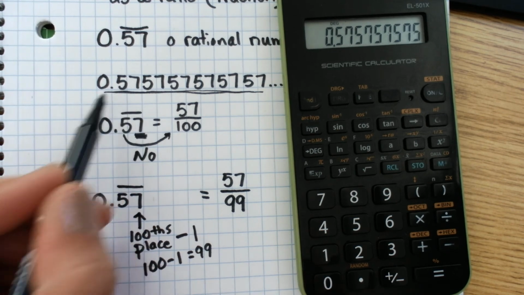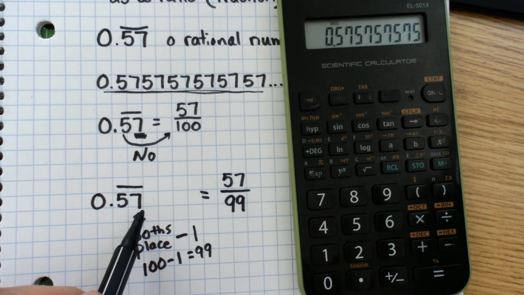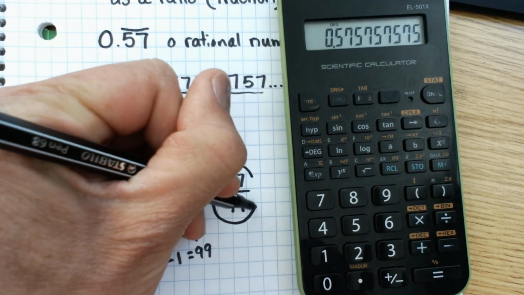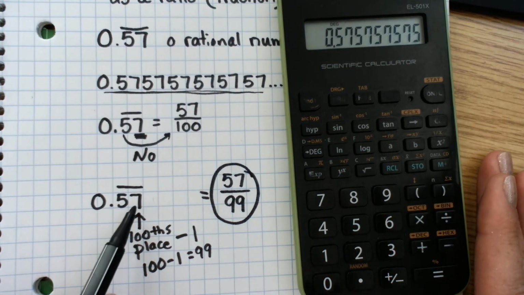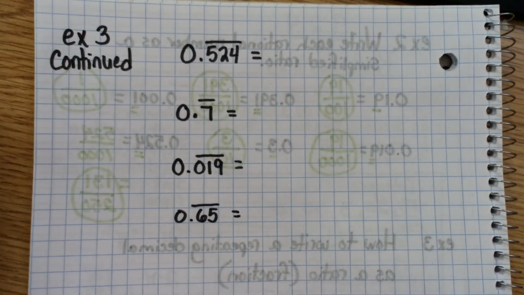So, to repeat, wherever the place is that the pattern stops repeating, in this case it was the hundredths place, subtract 1 from it and that becomes the denominator, and then your number that repeats is in the numerator. So that is how you would write 0.57 with the repeatant as a rational ratio.